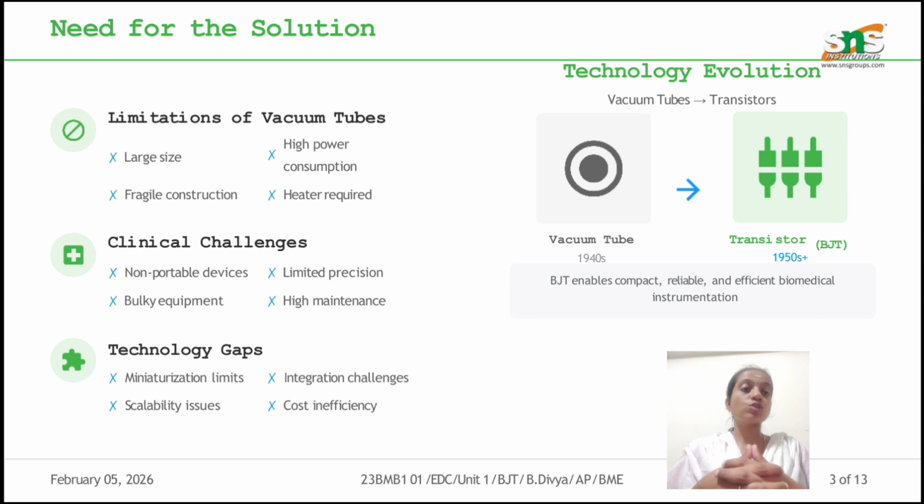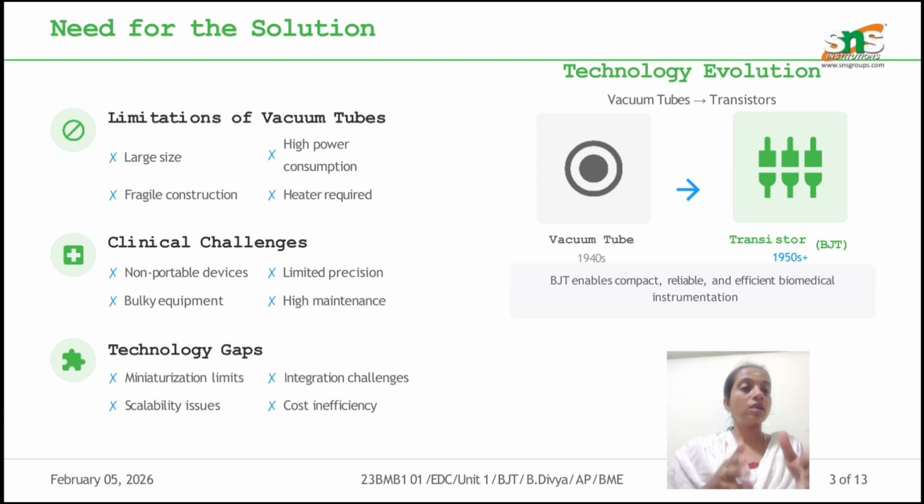Limitations of vacuum tubes, and the technology evolution. On the right side we have a diagram of the technology evolution. In the previous days, during the 1940s, vacuum tubes were used to evaluate certain types of diseases.